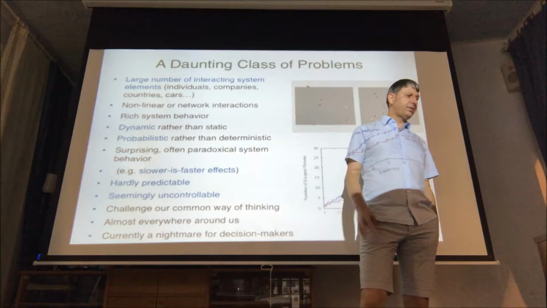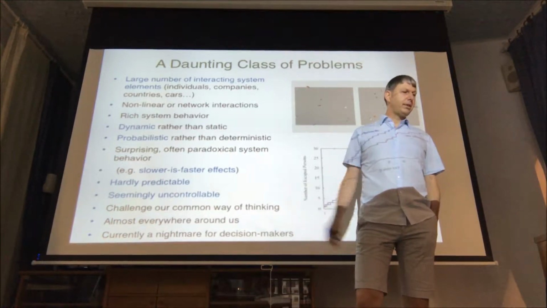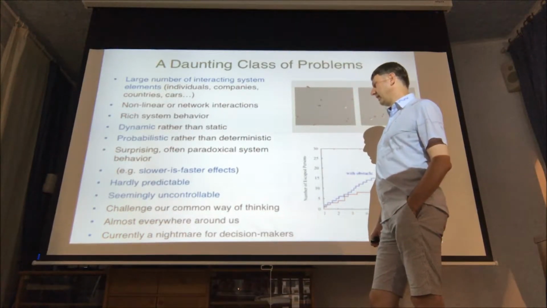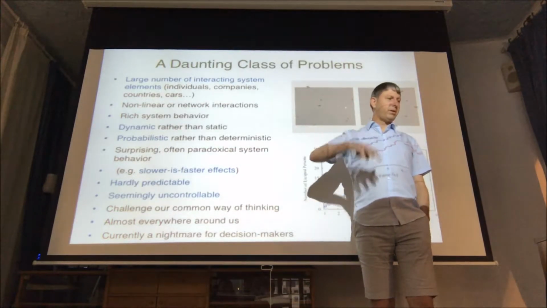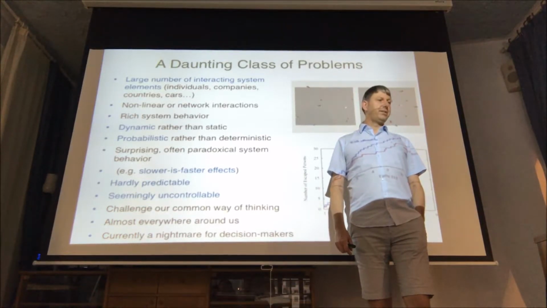For example, slower is faster effects. I will show you some examples for this. They're sometimes hardly predictable, sometimes seemingly uncontrollable, and they challenge our common way of thinking. They're almost everywhere around us, and they're basically a nightmare for politicians and other decision makers.